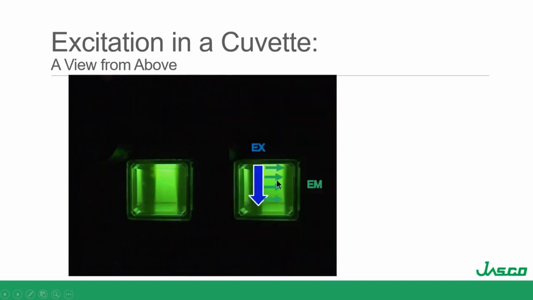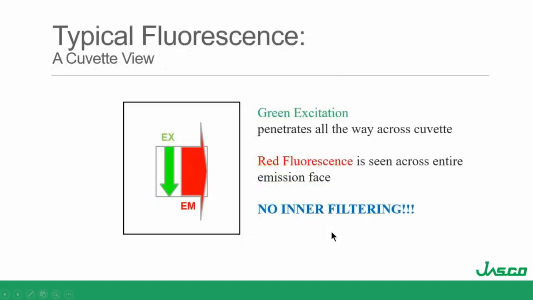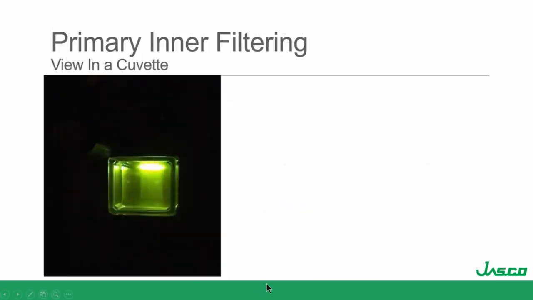And in addition, we're getting emission across the whole width of the cuvette. That's great. That's a typical fluorescence, right? We excite all the molecules and we get emission, no interfiltering at all. Well, that's ideal, right? There are 2 types of interfiltering, primary and secondary absorption.